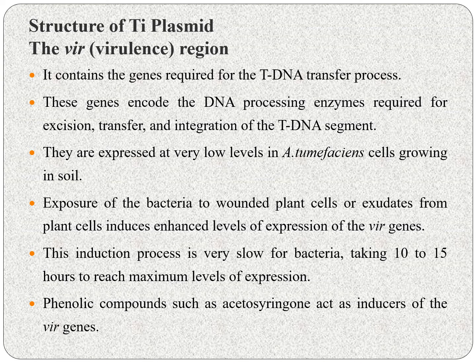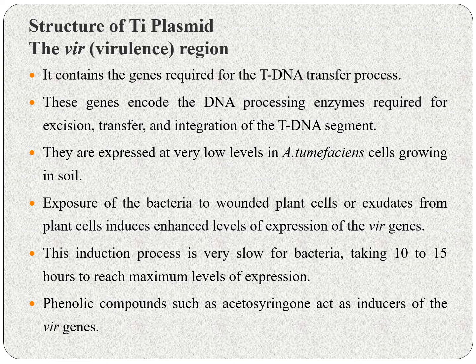Virulence region. It contains the genes required for the tDNA transfer process. These genes encode the DNA processing enzymes required for excision, transfer, and integration of the tDNA segment. They are expressed at very low levels in Agrobacterium tumefaciens cells growing in soil.